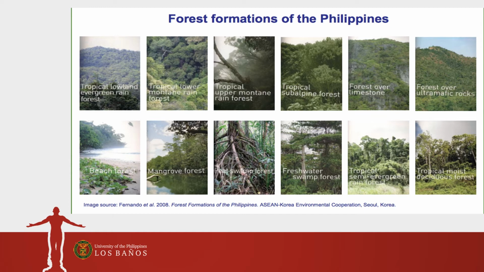These are the tropical lowland evergreen rainforest, tropical lower montane rainforest, tropical upper montane rainforest, or what we call mossy forest, tropical subalpine forest, forest over limestone, forest over ultramafic rocks, beach forest, mangrove forest, peat swamp forest, freshwater swamp forest, tropical semi-evergreen rainforest, and tropical moist deciduous forest. How many of these have you ventured in?